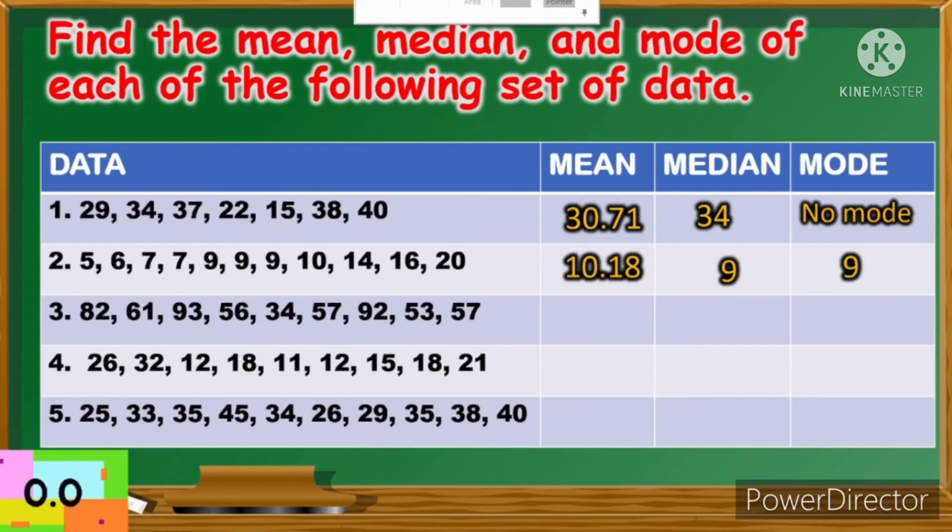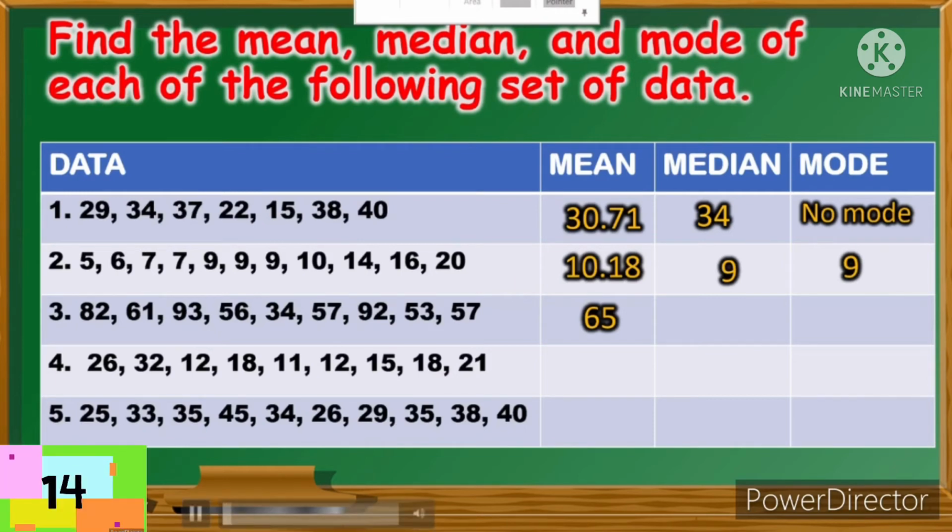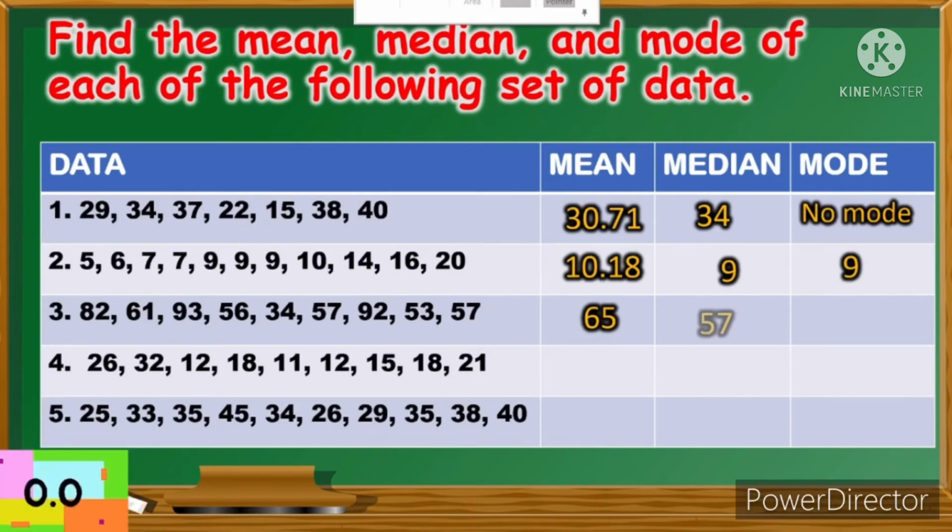If your answer is 65, then you are correct. Next is median. Your time starts now. The answer is 57.